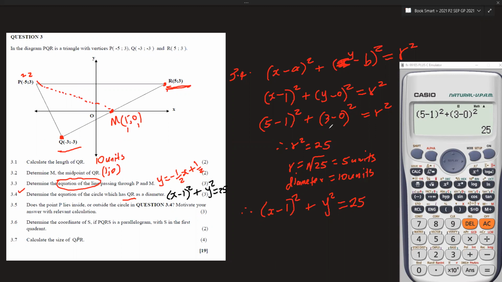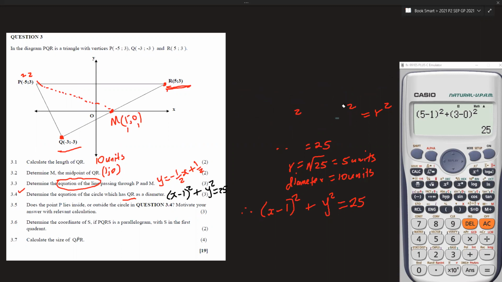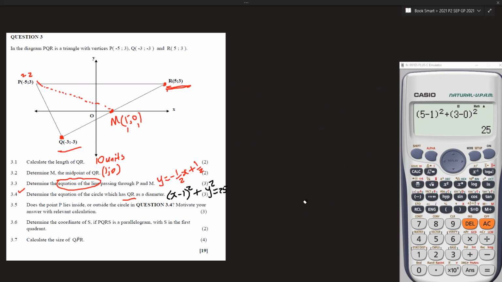Okay, so I'm going to erase this part. We're going to erase this part quickly. Okay, cool. We can move on now.